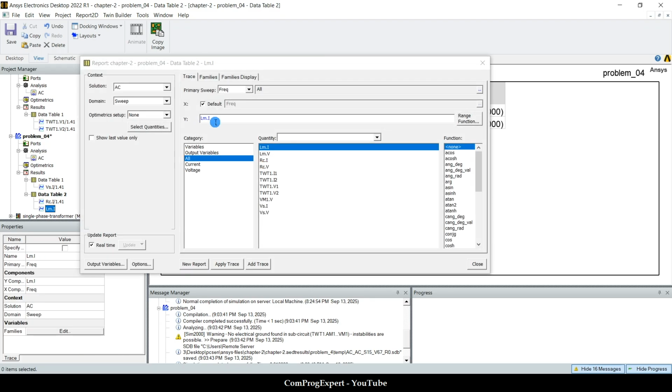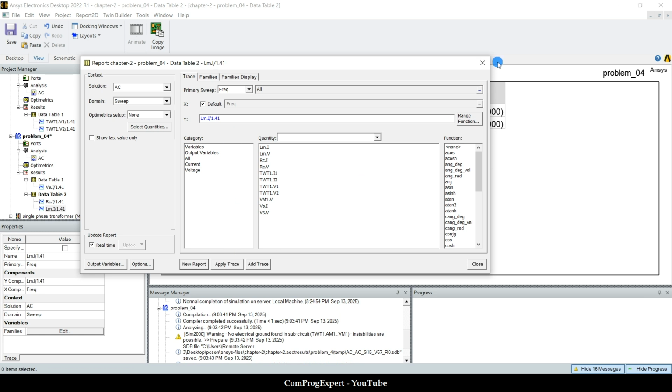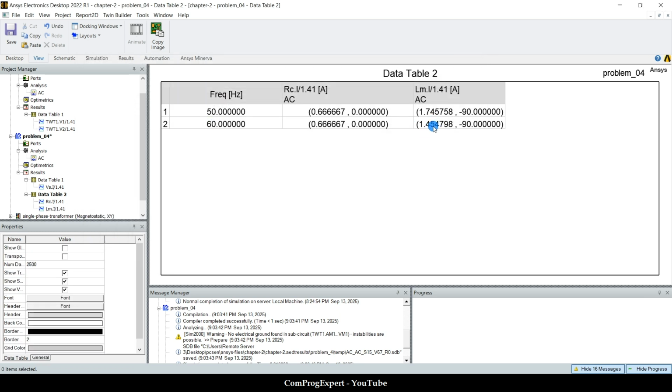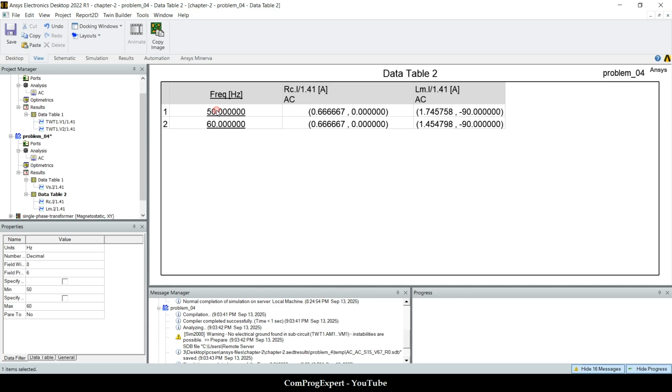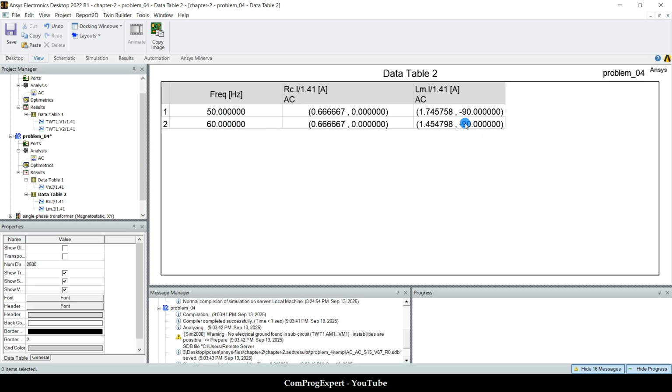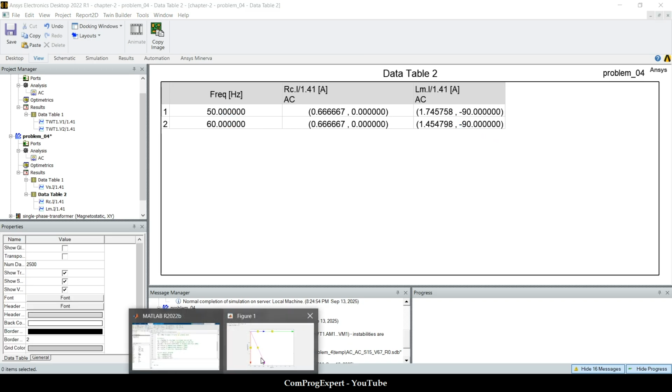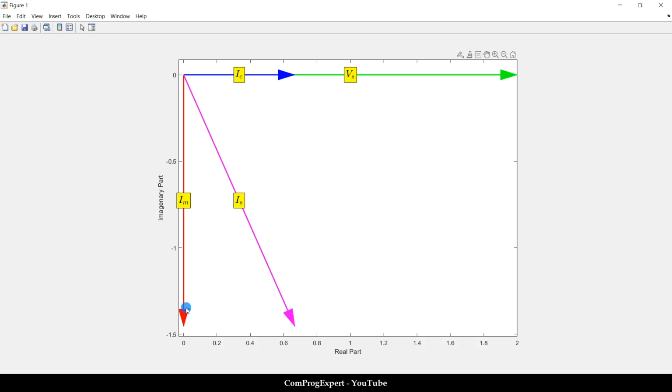I didn't divide it by 1.41. So 1.45. In the case of 50 hertz supply, the value of the magnetizing current is higher. Okay. So we did the AC analysis for these two frequencies and the angle is negative 90, right? This is the angle of the Im.